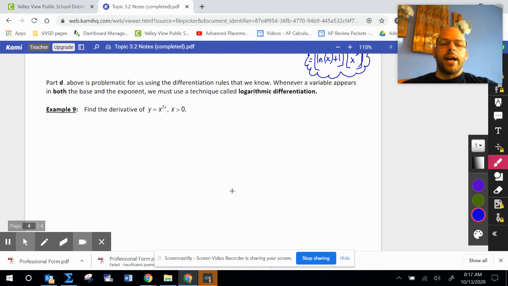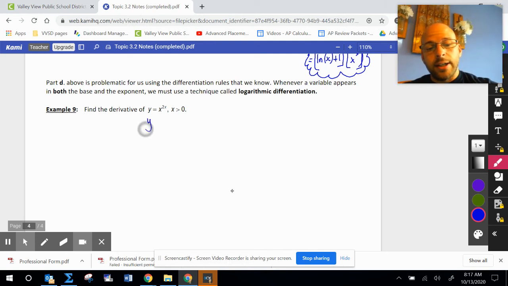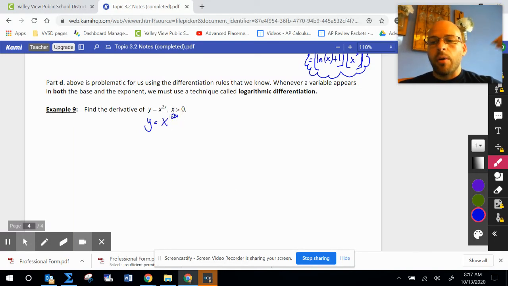So if you look at example 9, very similar. Okay. I give you this function y equals x to the 2x. So you can see I have a variable raised to a variable power. That's a problem, right? So I'm going to take the natural log of both sides.